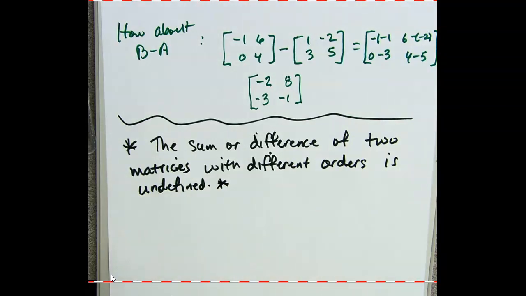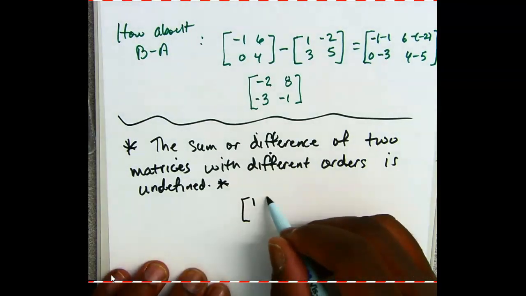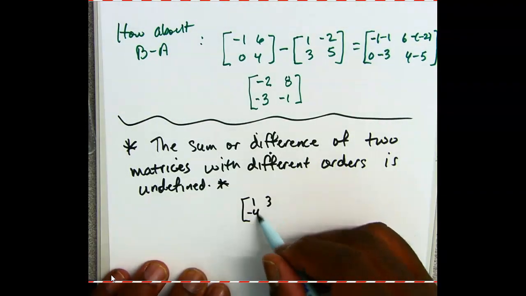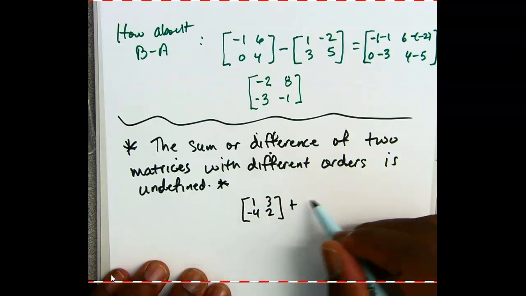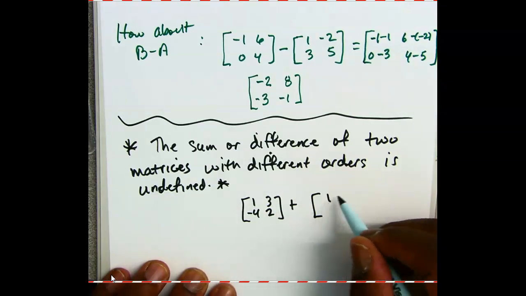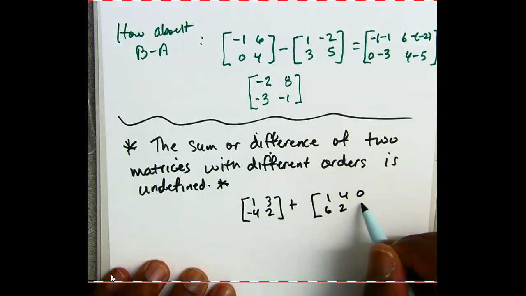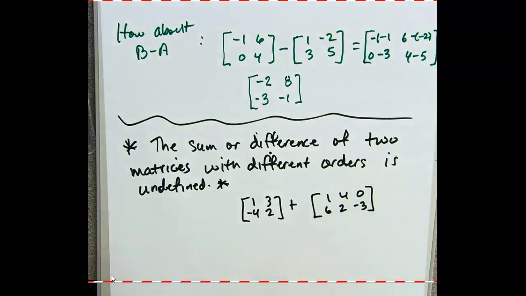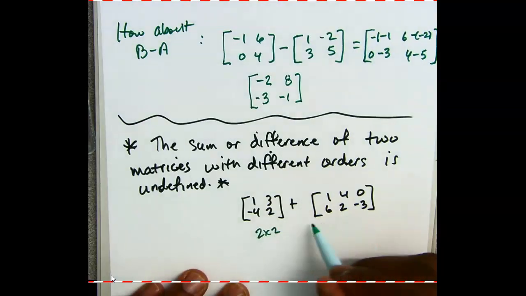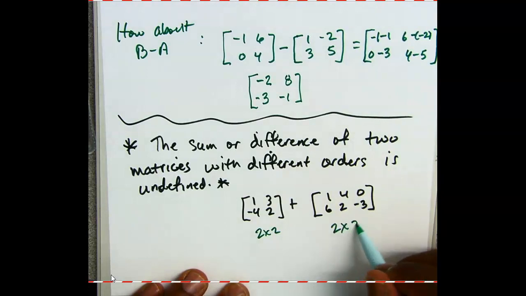If you have two matrices and they have different orders, so what I mean is, let's say we have 1, 3, -4, and 2. Can we add that to 1, 4, 0, 6, 2, -3? We cannot add these two matrices because our first matrix is a 2 by 2 and our second matrix is a 2 by 3.